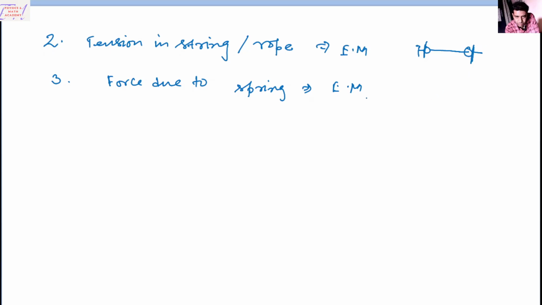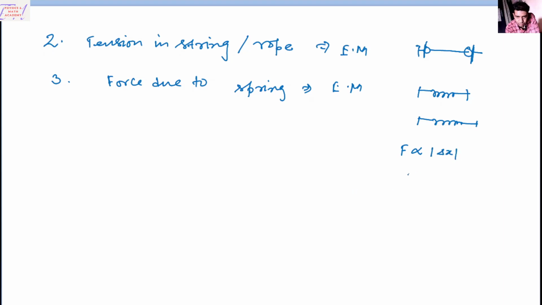And the force of a spring: here is a spring. In case of force due to a spring, you can compress it and you can enlarge it. So compression or enlargement always varies with force, F is proportional to delta x.